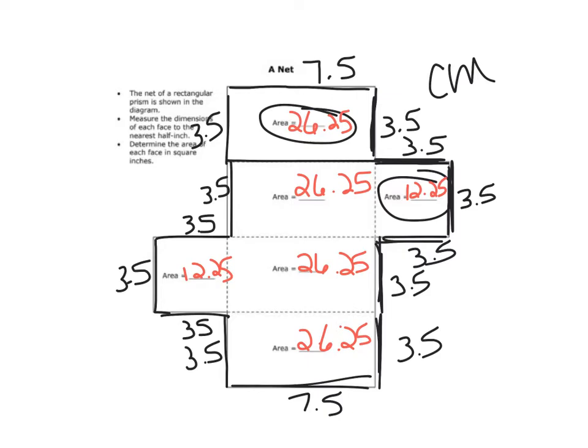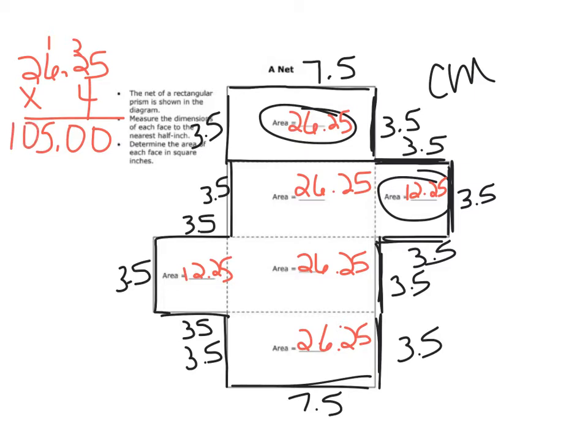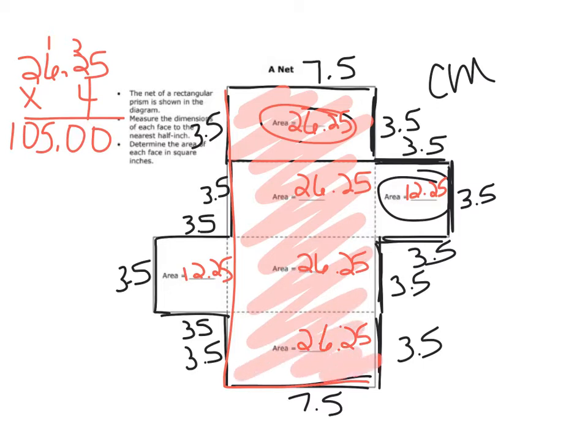So if you add them all up, I'm just going to do 26.25 times 4. So that means for this area right here, all of this would be 105 square centimeters, right?